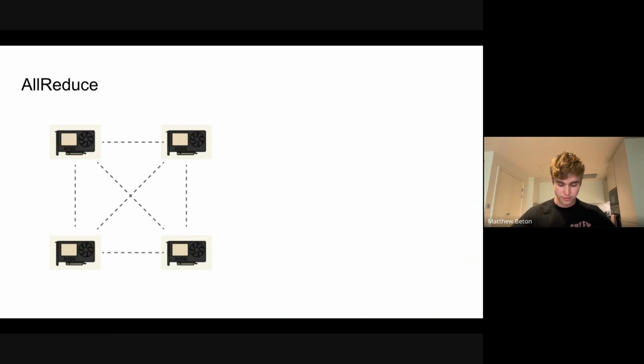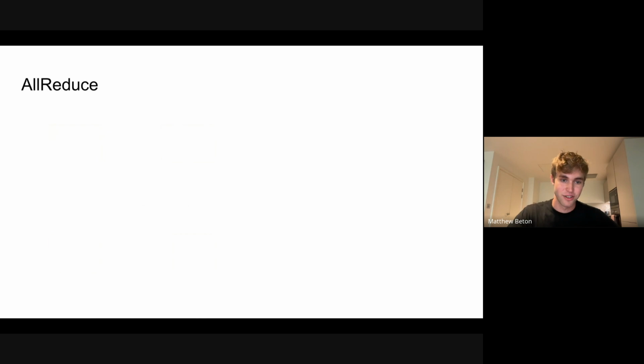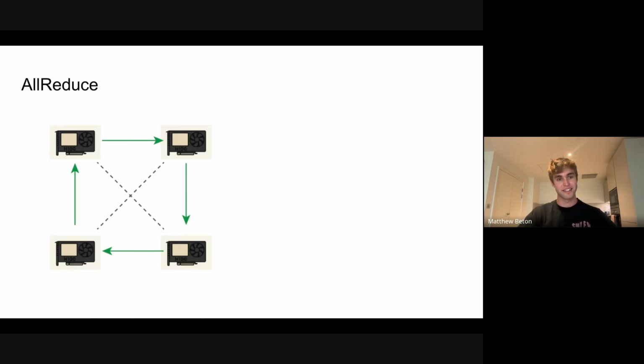What I'm trying to highlight here is that you will have, say, 4 H100s, 4 NVIDIA chips in this box, and you might have a tensor on each of the 4 devices that you want to average between the devices. This is called an all reduce. They're in this box connected with NVLink, and this lets them communicate all to all. But actually how we do this all reduce in reality is we just communicate in a logical ring.